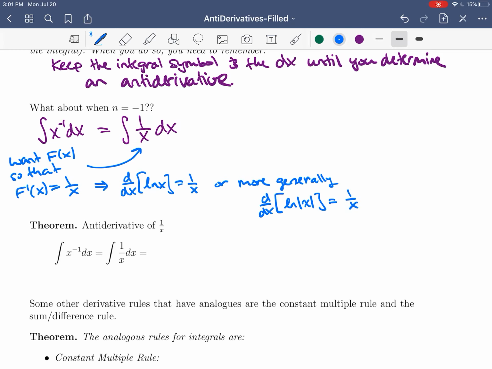This one has a larger domain, so it's slightly more general. So that's the one we use for this special case.